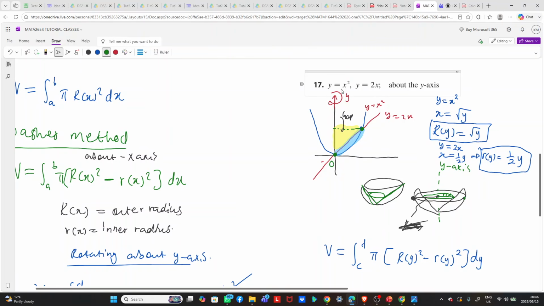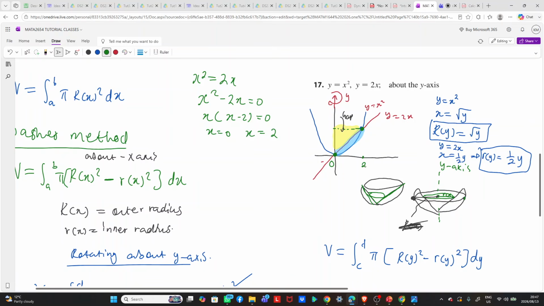At the intercept, these two equations are the same. So you'll basically have x squared equals 2x. Then x squared minus 2x equals 0. You factor out x, you have x times x minus 2 equals 0. Then you get x equals 0 and x equals 2. So x is 2 here.